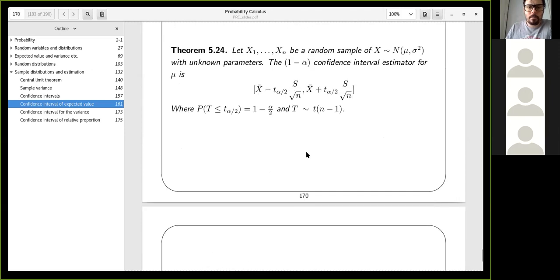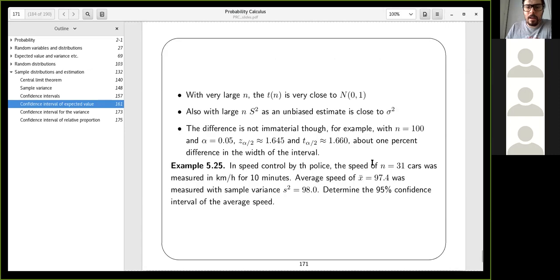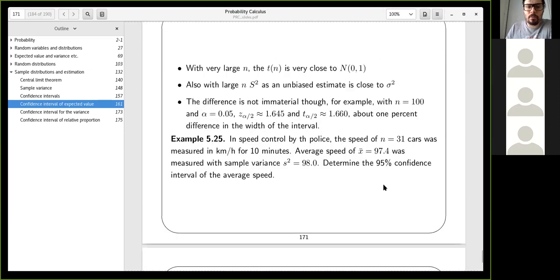And then you subtract that and add that to that 97.4. I'll add that example into the Friday sessions examples. But now we don't have time to go through this.